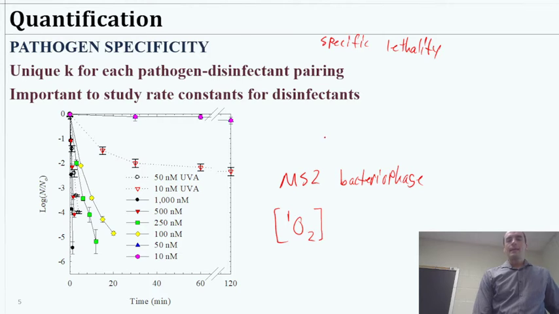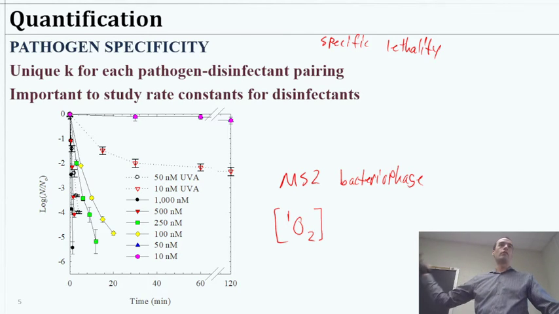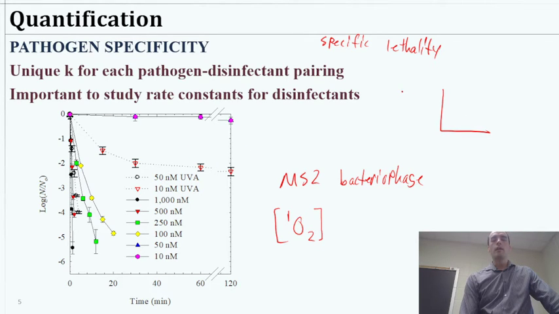So that K becomes pretty important to learn things, either to design a system or if you're studying how effective your disinfectant is. You're often looking at that K, which you can find by looking at that plot, especially if you go ahead and take the natural log of N over N naught over time, then the slope of your curve here is going to be your K star.